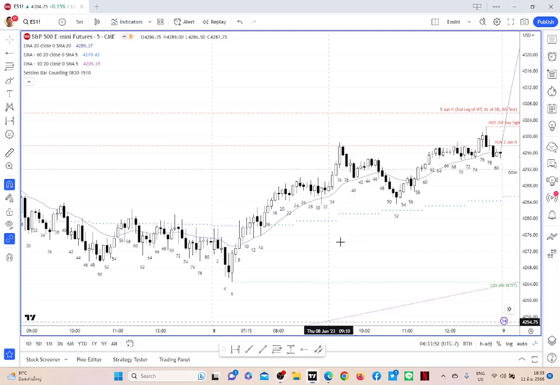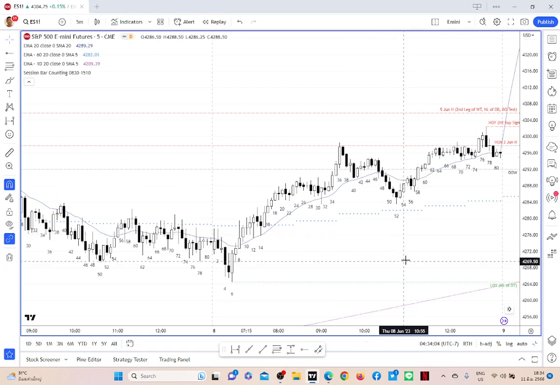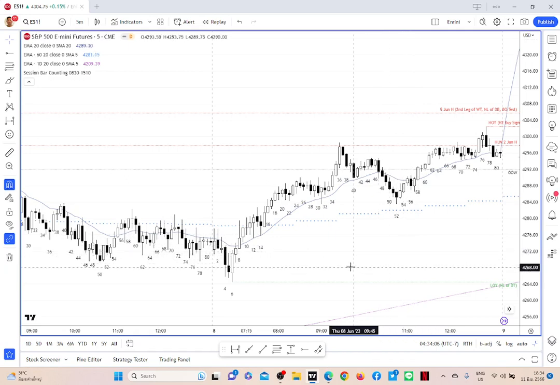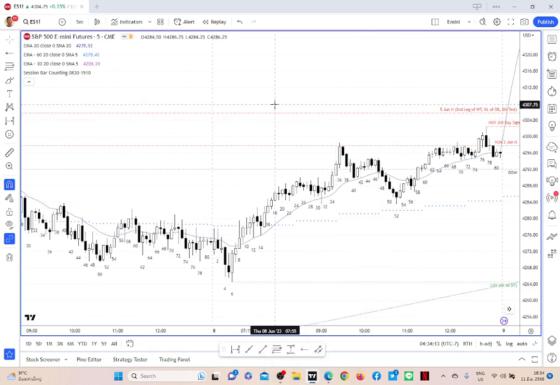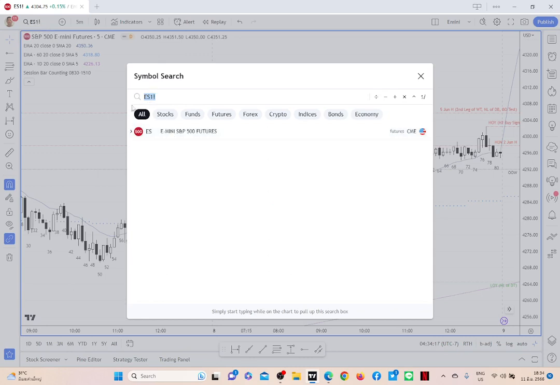Hi everyone. Today I would like to show you how to use TradingView as a platform to practice Emini trading by following Al Brooks and Brad Wolf. First of all, you have to download the TradingView platform, the TradingView application, and then go to choosing the instrument.